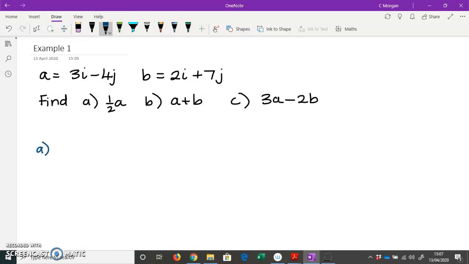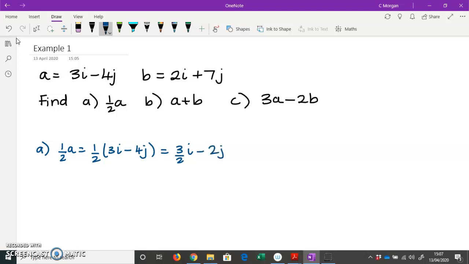Okay, so for part A, if I'm going to be writing down a half of a, well, that's going to be a half of 3i minus 4j. Well, that's going to be 3 over 2 lots of i minus 2j.